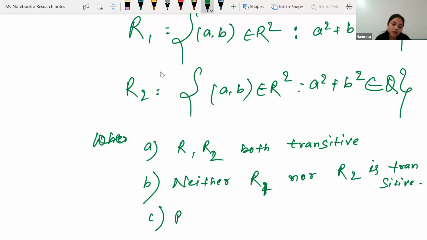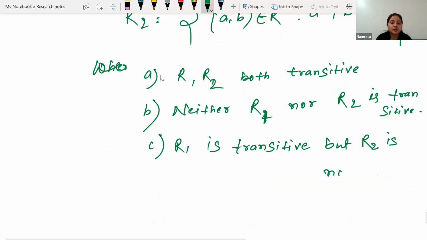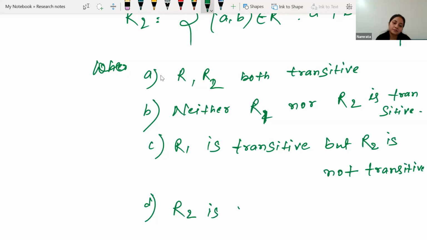Option number C is R1 is transitive, but R2 is not transitive. And option number D is R2 is transitive, but R1 is not.